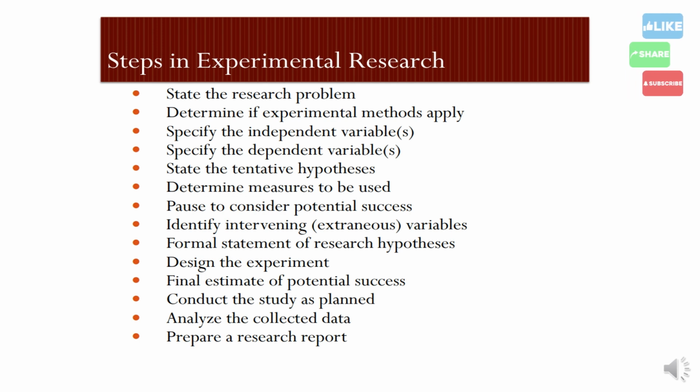Then pause to consider potential success, identify the intervening extraneous variable, formal statement of research hypothesis, design the experiment, final estimate of potential success, as well as conduct the study as planned, analyze the collected data, prepare a research report. So these are some steps of the experimental research.